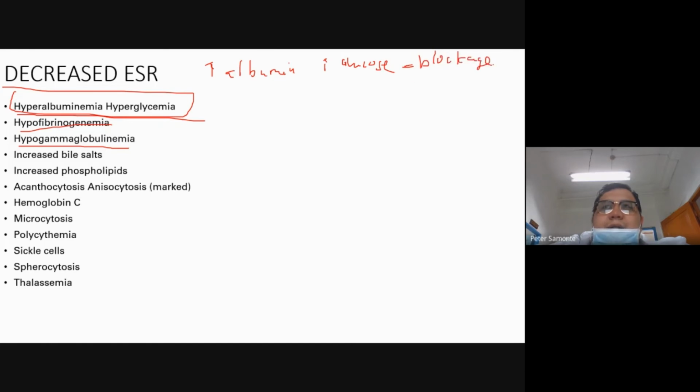And that would lead to slower settling. Mas mabagal yung pag-settle ng inyong red blood cells. And then there would also be increased bile salts, increased phospholipids, acanthocytosis or anisocytosis, hemoglobin C, microcytosis, polycythemia, sickle cell, spherocytosis, and thalassemia could cause decreased ESR.